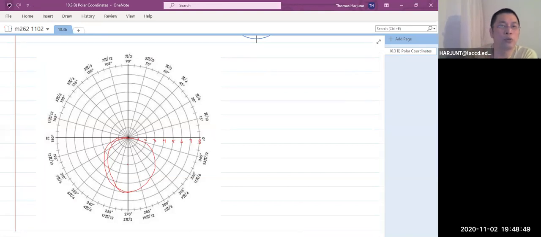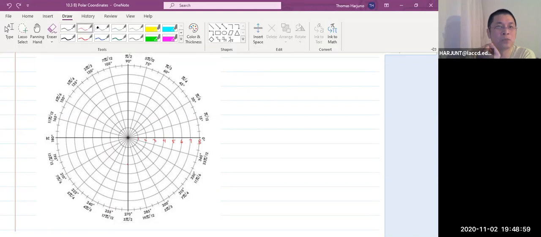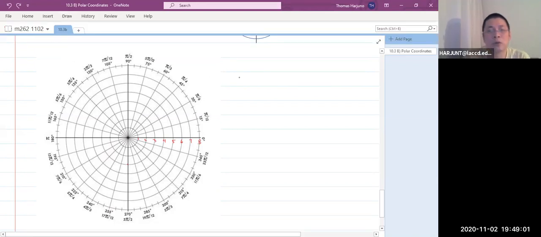Now, I want you to graph this. Have you ever graphed a polar equation? Let me use blue. What you can do is create a table. This is theta, and this is r, which is -6 sine theta.